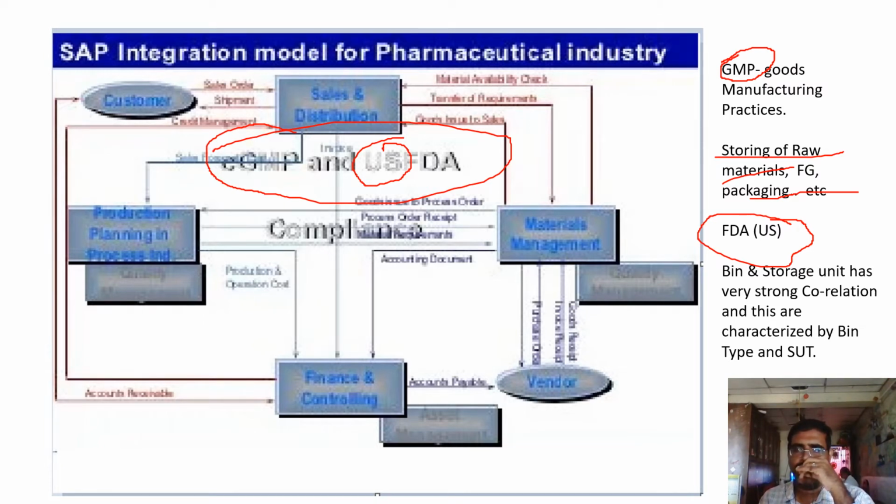It is not the same as retail, consumer goods, banking or finance, where there are many urgent transactions and postings. But in the case of pharma, we cannot urge anything.